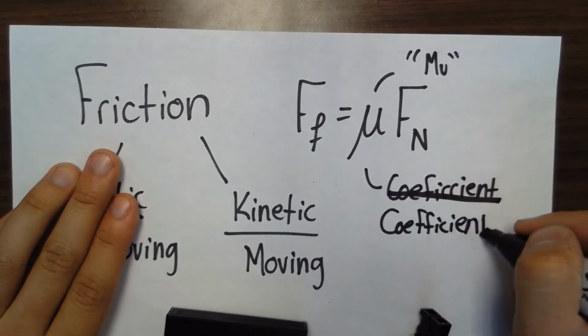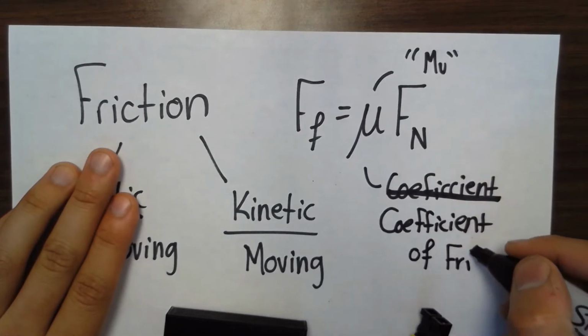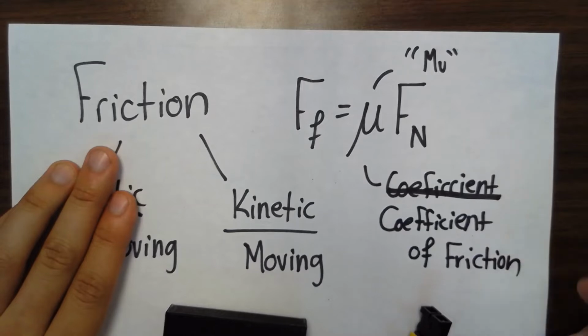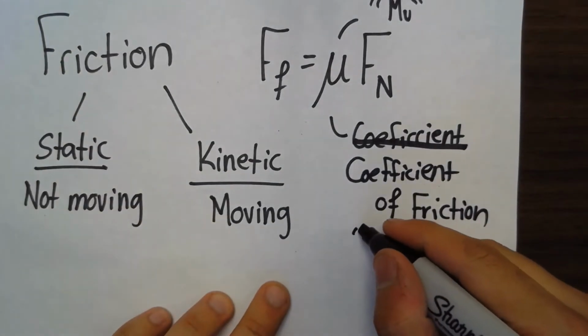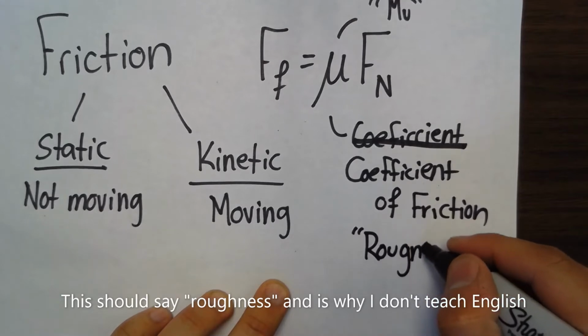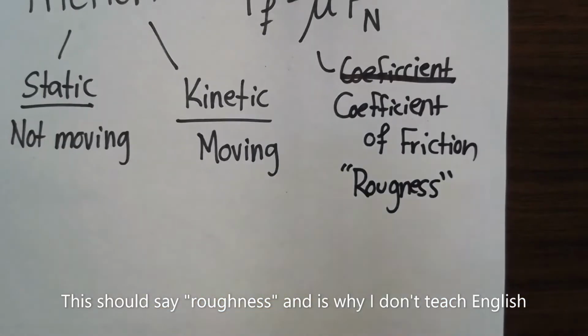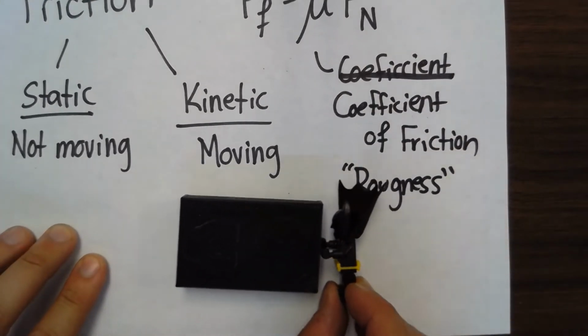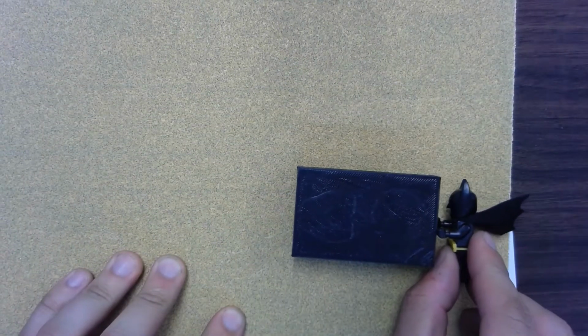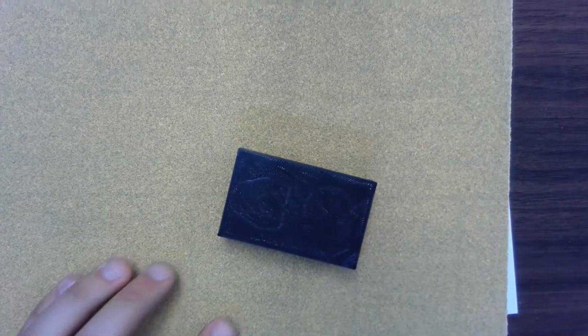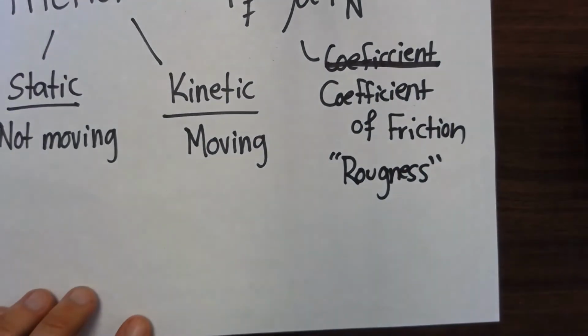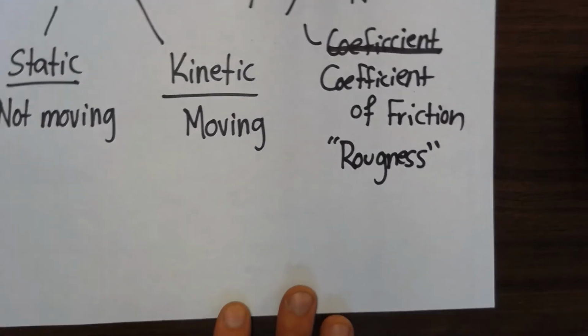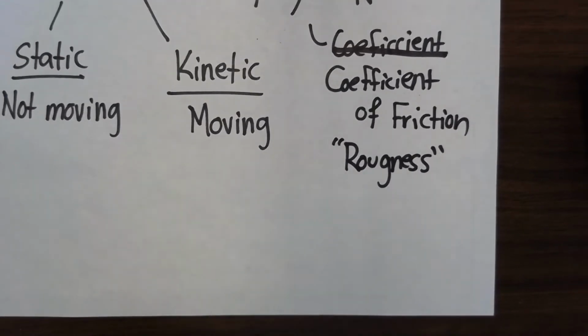What the coefficient of friction tells us is the roughness of a surface. So this explains why when Batman pushes the refrigerator on the smooth floor, it moves across the floor very easily. But when he tries to push the same object over a rough floor, it's even harder. If you've ever tried to slide your desk across a carpeted floor, very difficult, but if you try to slide a desk, say in my classroom, it's very easy. That's because of the coefficient of friction.